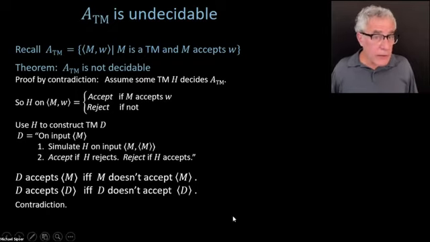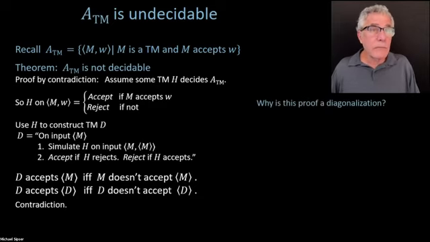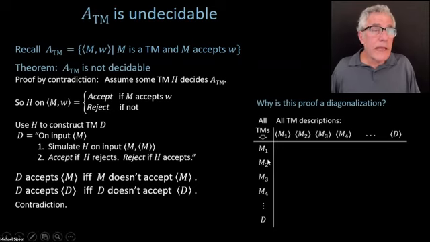Okay, so we're done, except for the one point, which is why is this a diagonalization? I think you can get that from the following picture. I'm going to make a table here. Here is a list of all Turing machines, including D, which is a machine I built under the assumption that H exists.